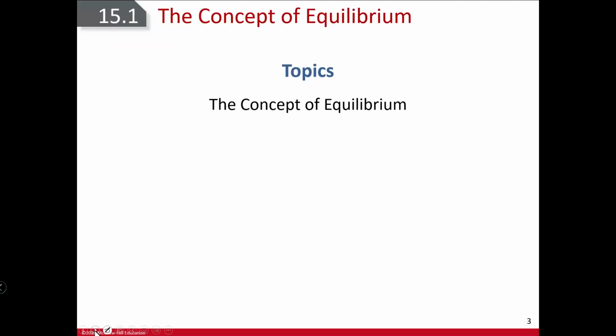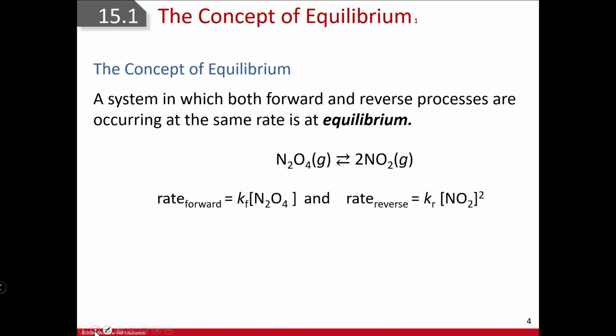So the concept of equilibrium. Here we have a reaction where dinitrogen tetroxide is decomposing into 2 moles of nitrogen dioxide. So let's just look at that.